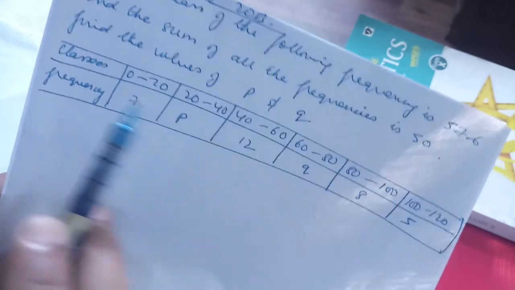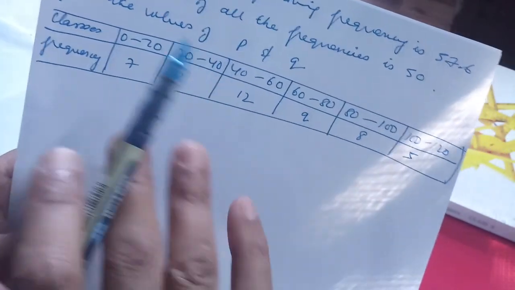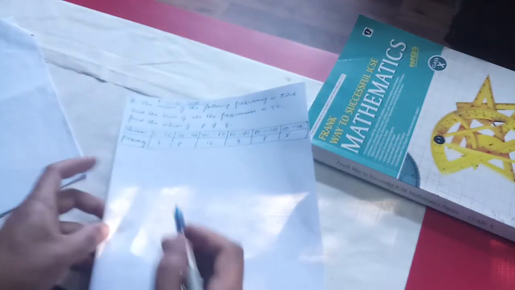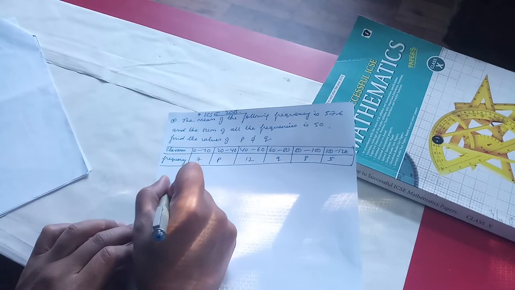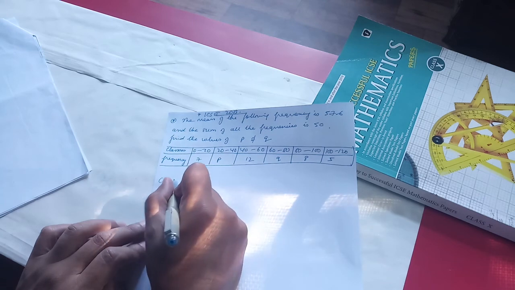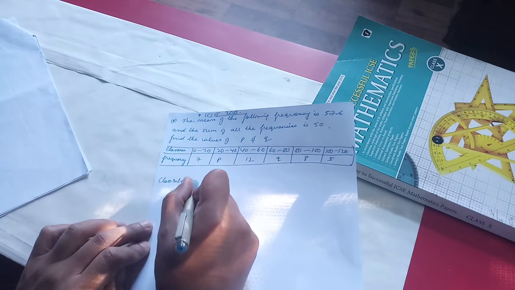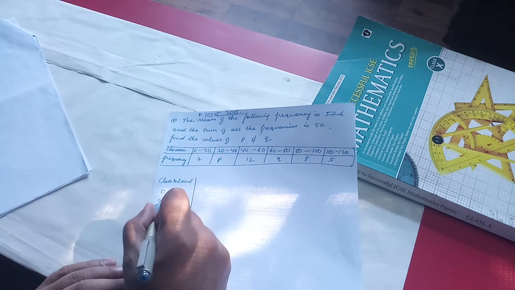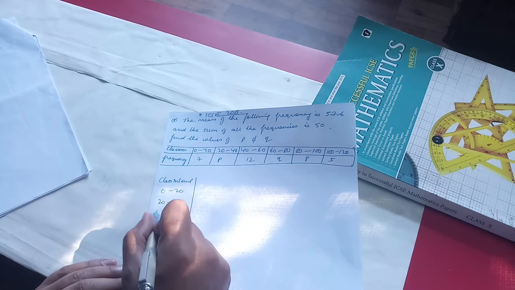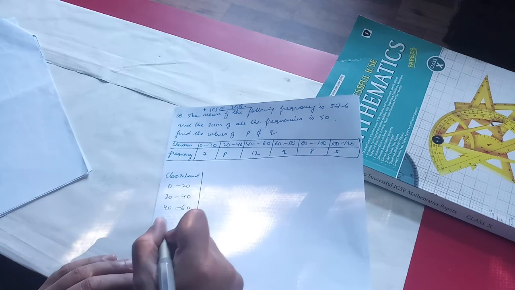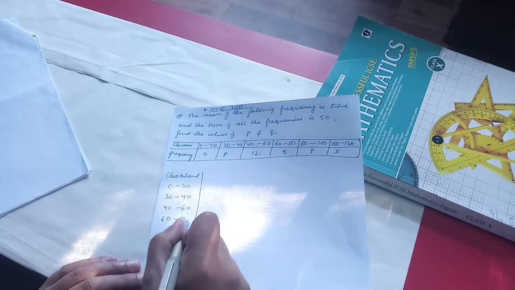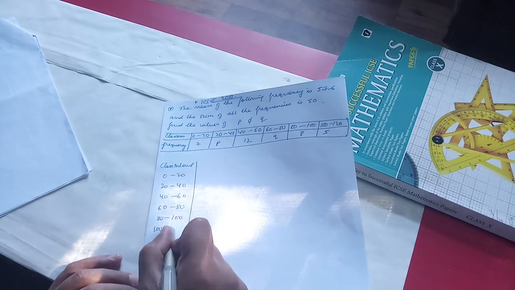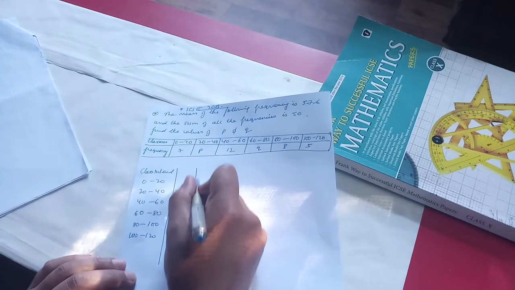So let us start. We have to follow the same pattern, same method. We have to write in the vertical. Class interval: 0 to 20, 20 to 40, 40 to 60, 60 to 80, 80 to 100, 100 to 120.